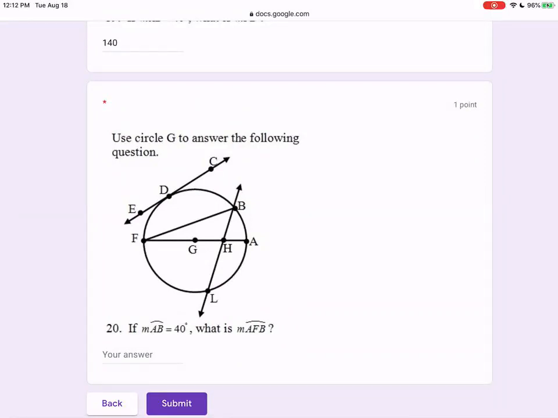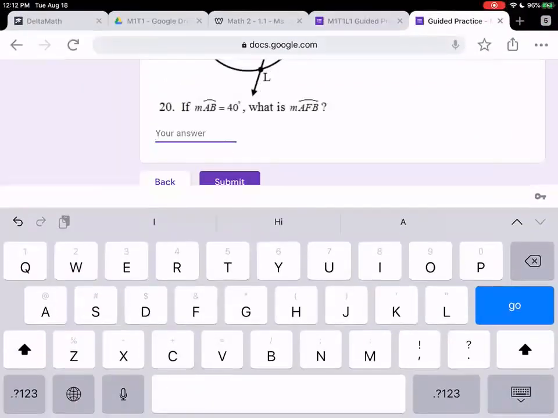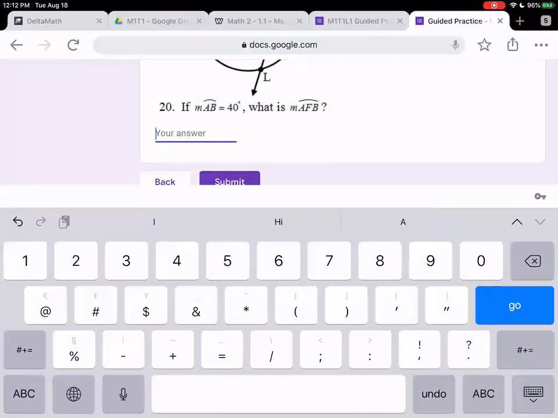Is it 360? 360 would be all the way around the circle, but we're not going all the way around the circle. We're going almost 200. Really close. Is it 220? It's close to 220. 300?